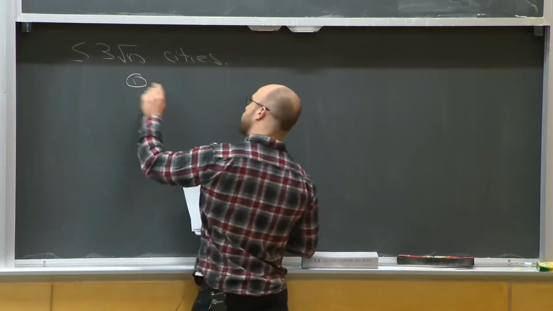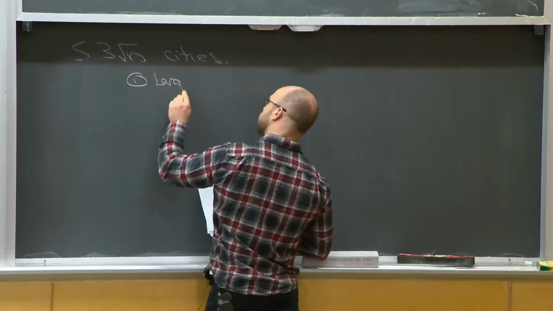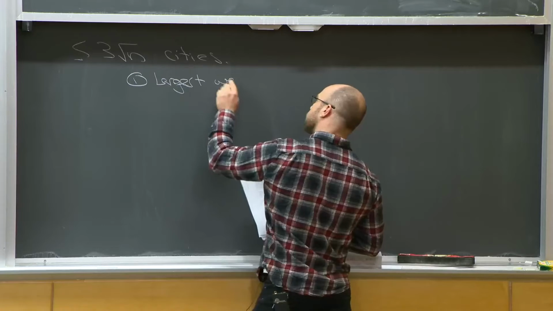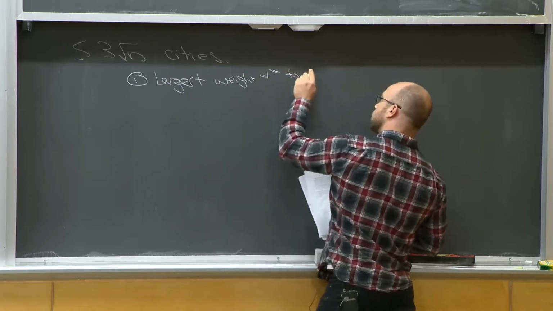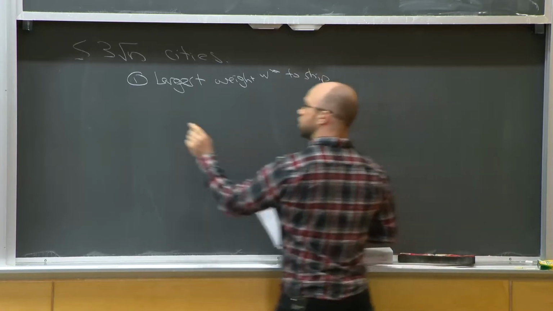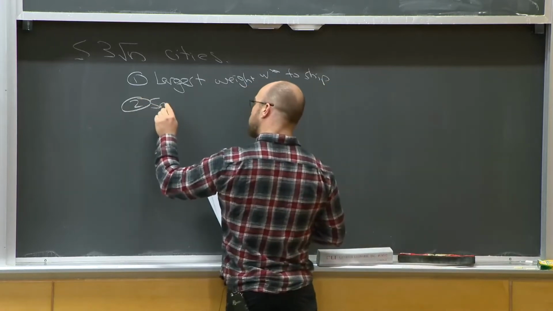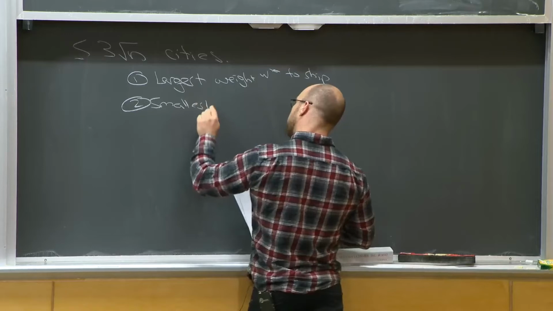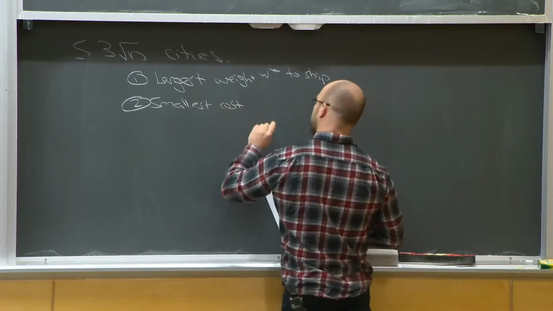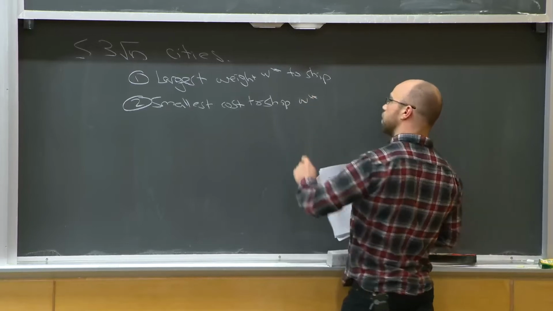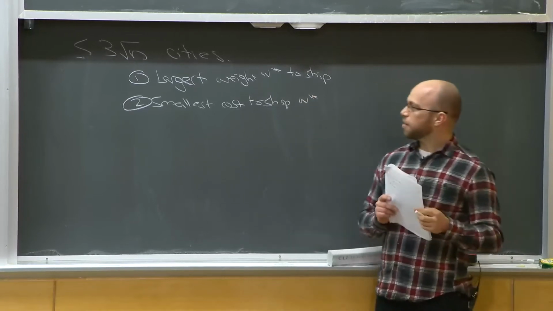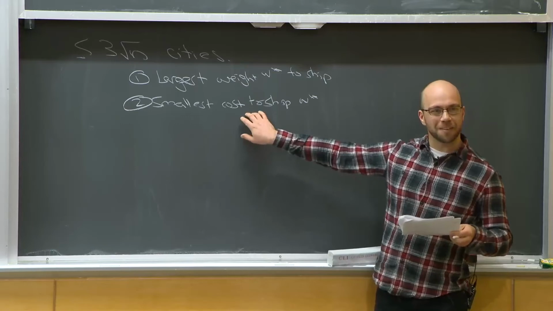So we want 1, the largest weight we can ship. We'll call that W star to ship. And 2 is the smallest cost to ship that weight W star.